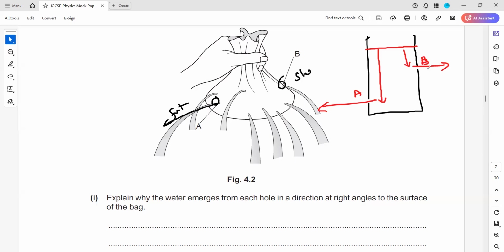The reason is point A has a greater depth of liquid as compared to point B. The pressure in a liquid increases with the depth. That's why A will experience a large pressure, so the particles will move faster as compared to B. At position A, the particles will experience a large pressure as compared to B.